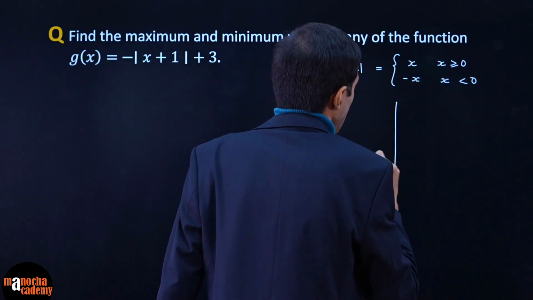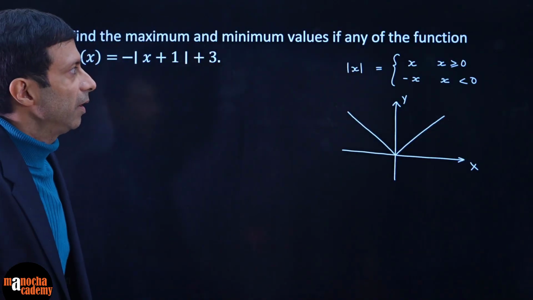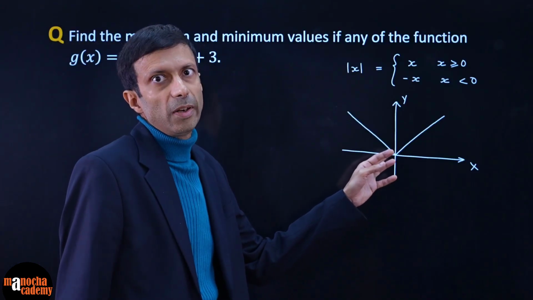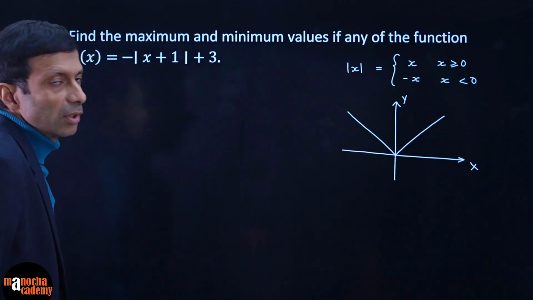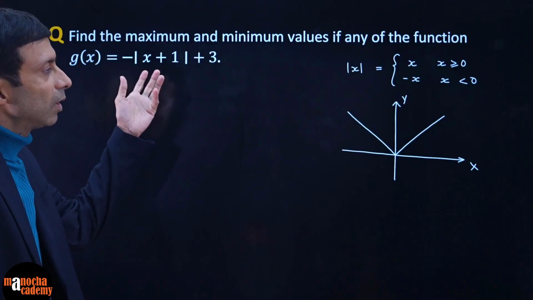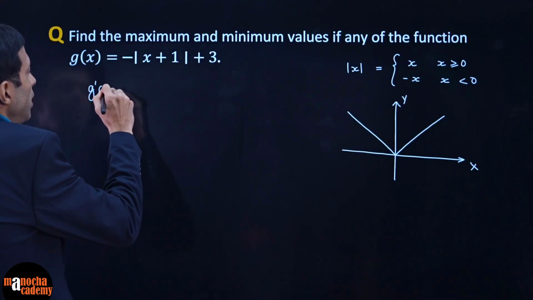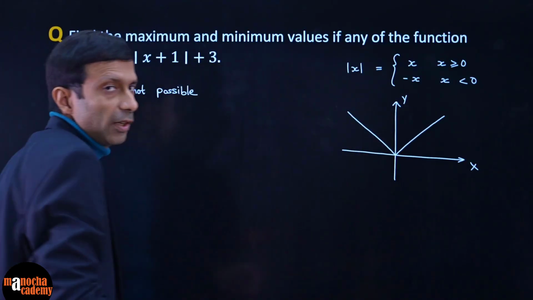So if you plot the graph of this, it is going to look like this, right? Now clearly you can see that it is not differentiable here because there is a jerk, right? So with this kind of mod functions, you can't do f dash x, you can't do g dash x, not possible here, clearly because the slope is changing with the jerk.